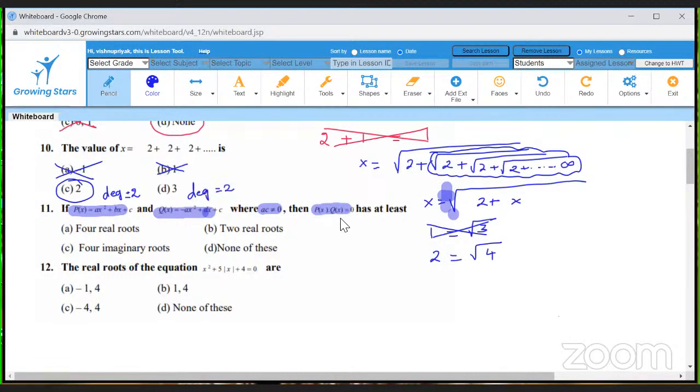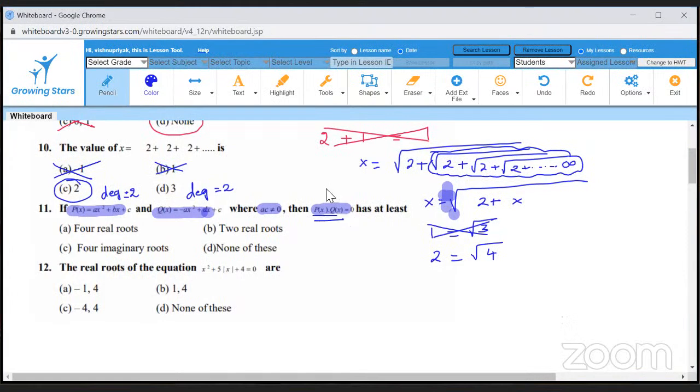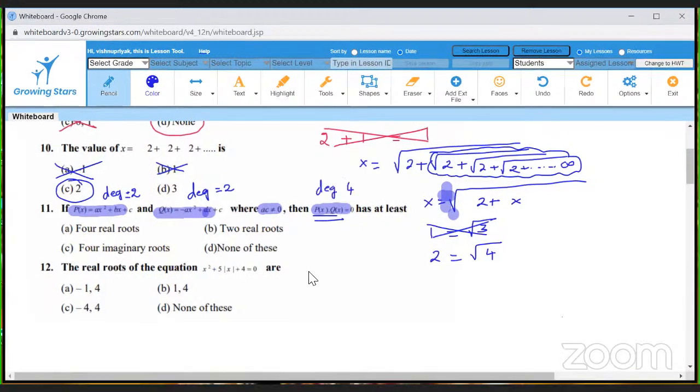When you multiply degree 2 and degree 2, the degree will become 4. So when the degree is becoming 4, you may have 4 roots. It's not necessary that you must have, you may have. So you may have 4 real roots, you may have 2 real roots, you may have 4 imaginary roots, or none of these.